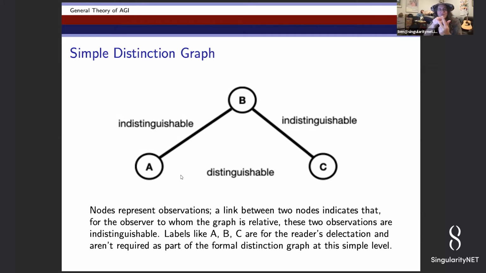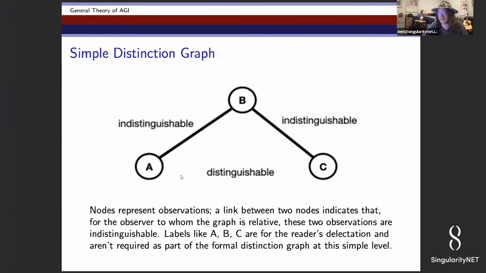Middle red and dark red, I may not be able to tell apart, but I can still tell light red and dark red apart, right? So my observations are not necessarily partitioned into discrete subclusters where the elements of one subcluster are indistinguishable from each other and the elements in different subclusters are distinguishable from each other. That's not really how it works, right?